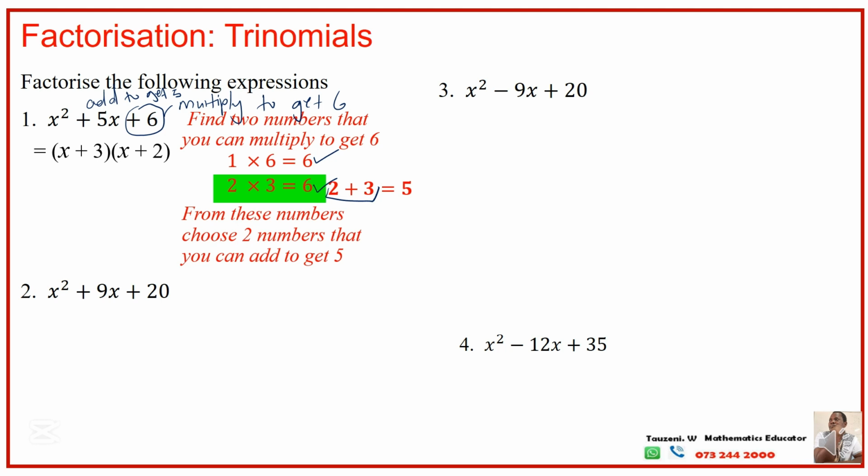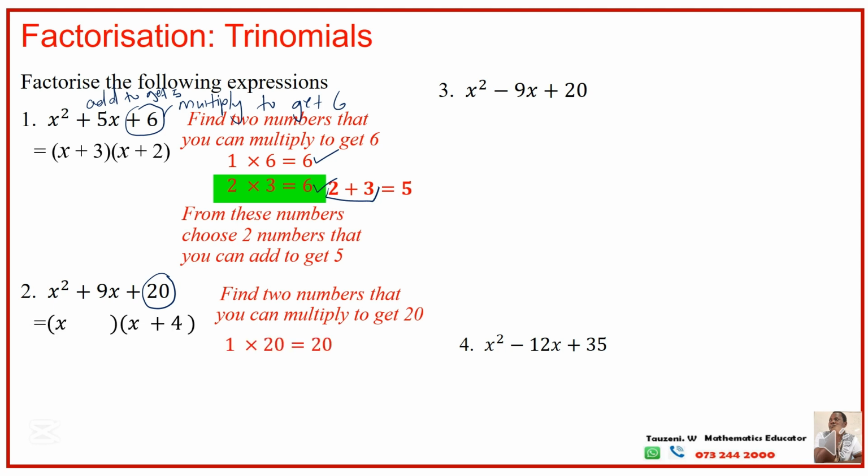Let's look at number 2. What are the two numbers that we can multiply to get 20? That is the method we are using. So here, find two numbers that you can multiply to get 20. We know it's 1 times 20, it's 2 times 10, it's 4 times 5.